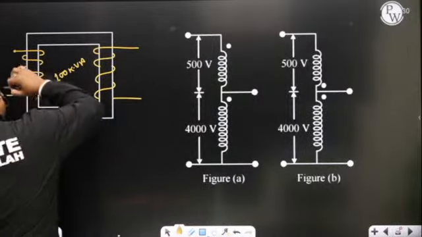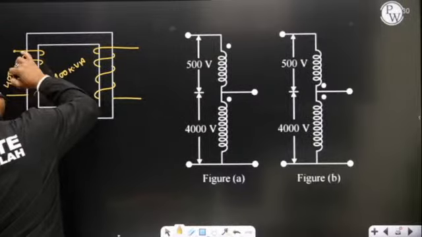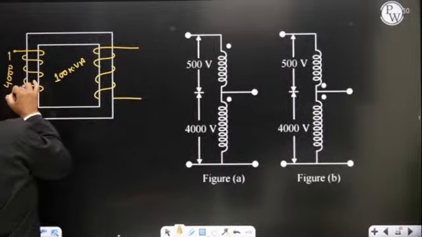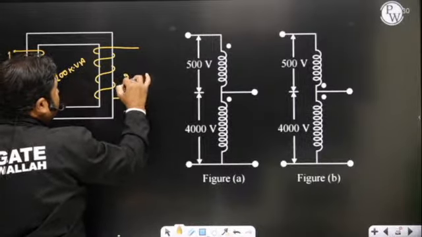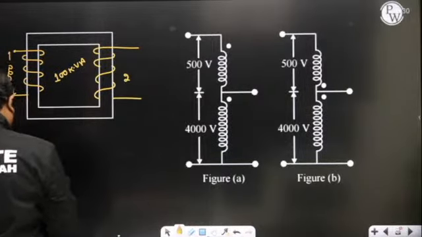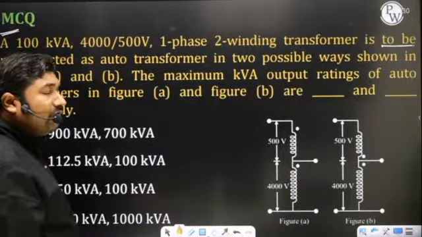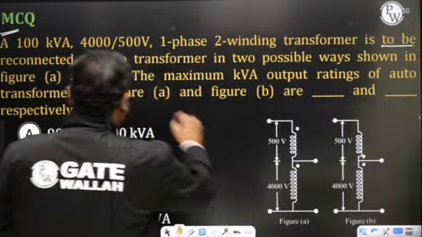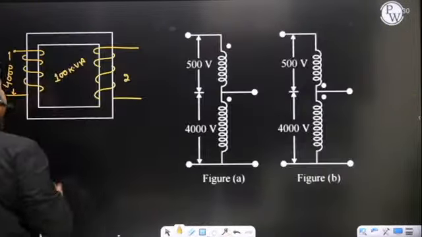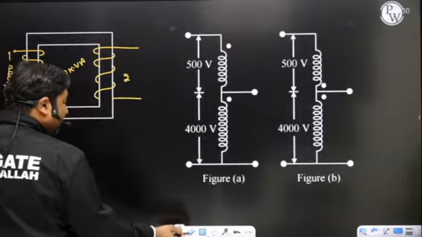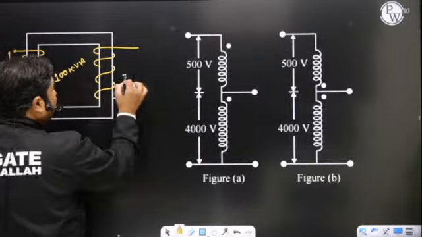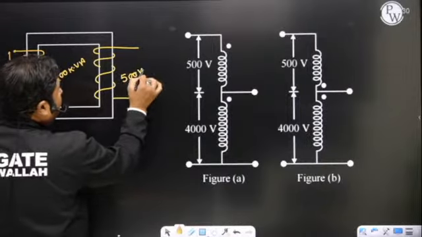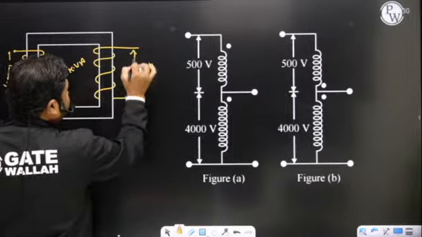And when you observe the voltage rating, it means the insulation on the high voltage side is such that it can withstand up to the maximum possible voltage of 4000 volts. Similarly, 500 volts means the LV side insulation is such that it can withstand up to 500 volts only. Is it okay?